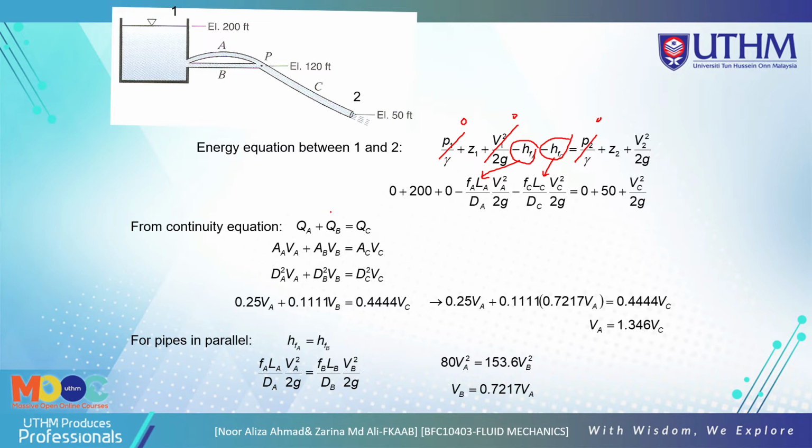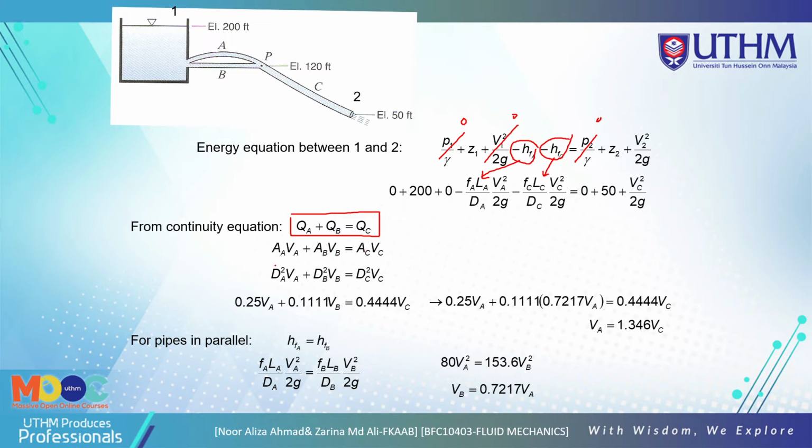From the continuity equation, we know that because A and B are in parallel, QA plus QB, and QC is in series. So this part is the same, but QA plus QB is QC. So this is from the continuity equation, using the parallel and series. So AA VA plus AB VB is equal to AC VC.